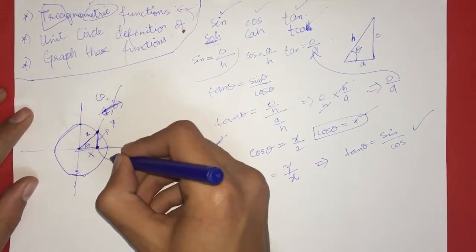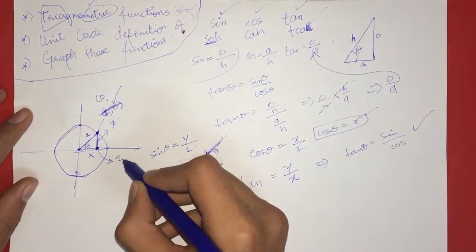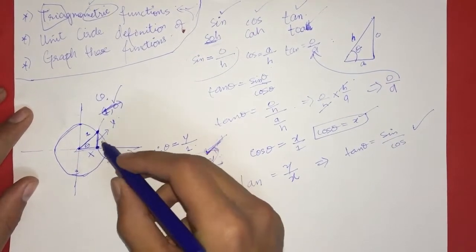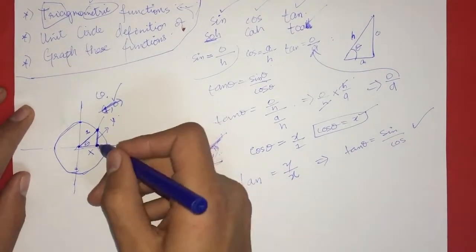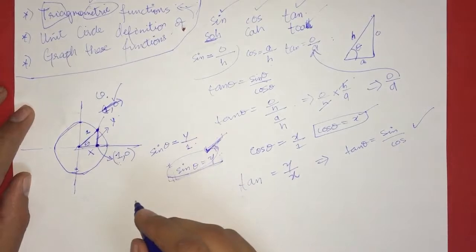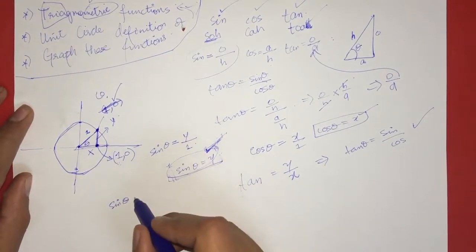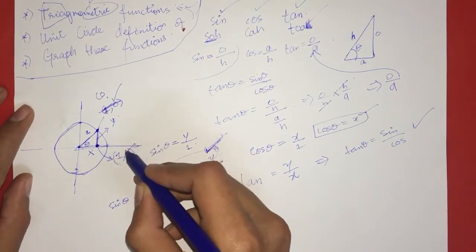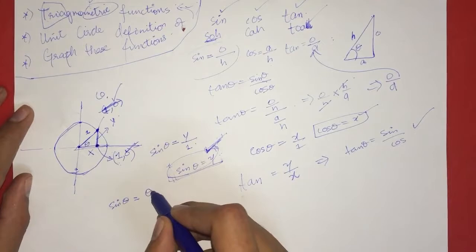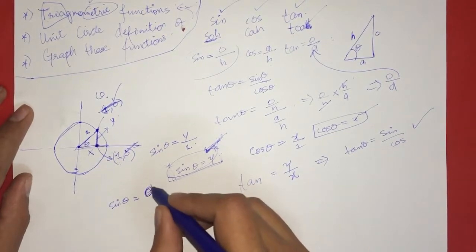Okay, so here what we have is x is 1 and y is 0. If you consider a triangle on this point, let's find the sine of this theta. As we discovered, sine theta is equal to y, and the y coordinate is 0, so sine theta of this point will be 0.